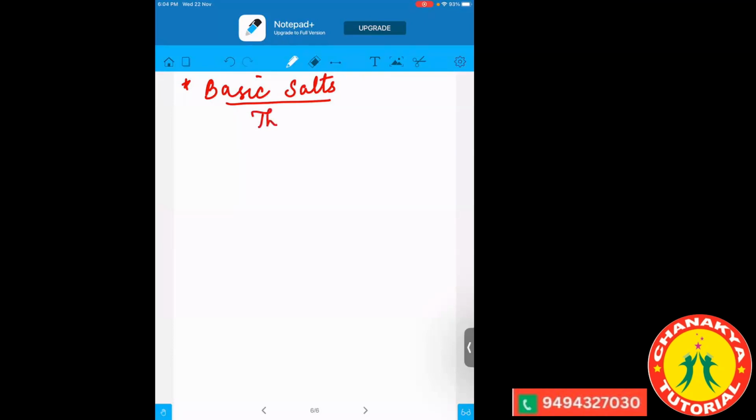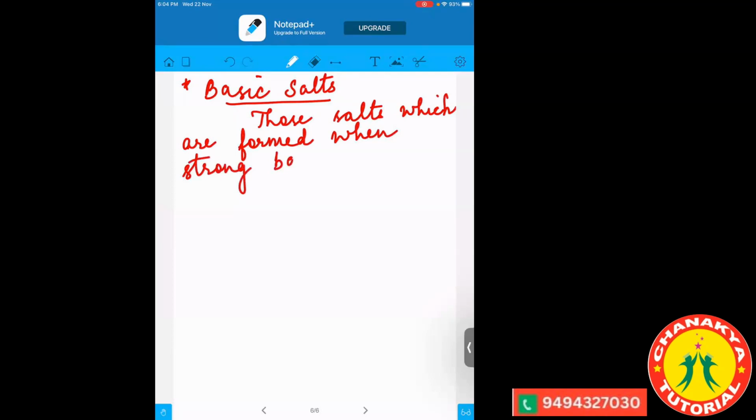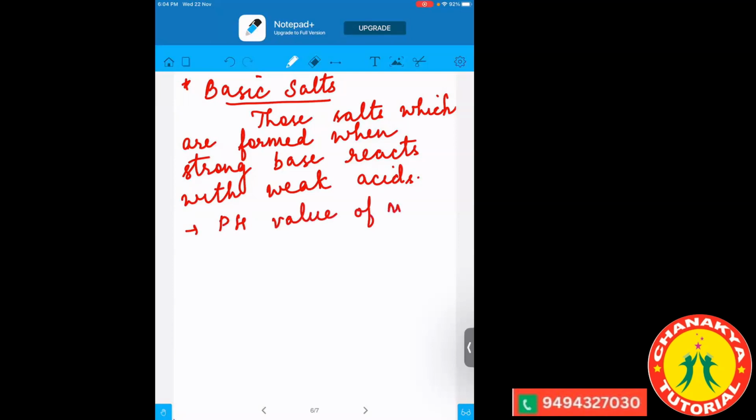So those salts are formed when a strong base reacts with a weak acid, and they have a pH value of more than 7.